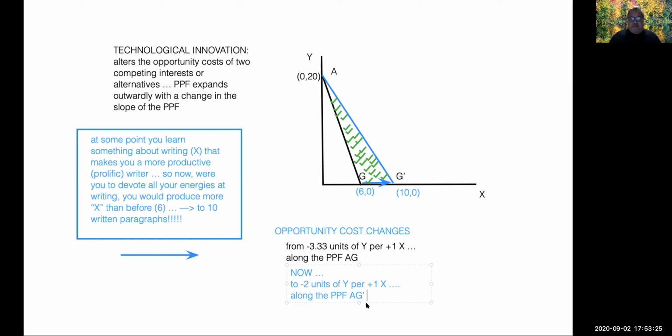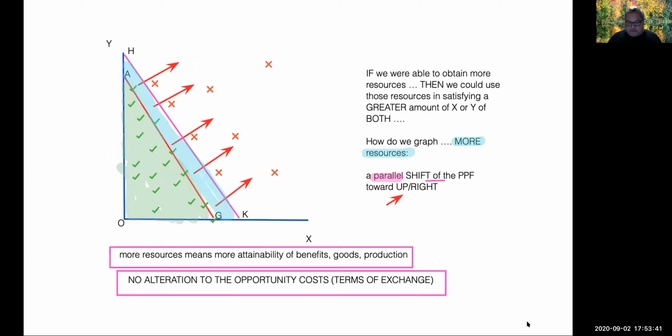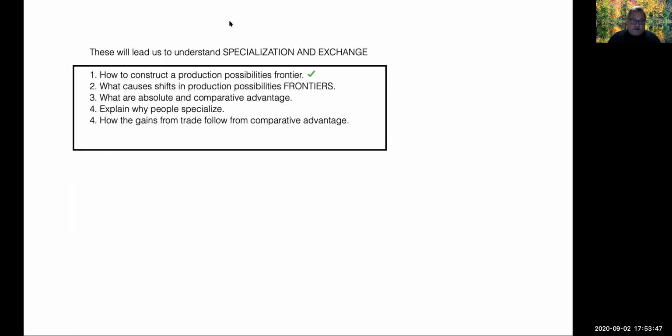And so notice how technological innovation, or changes in the opportunity costs, affect the slope of the production possibilities frontier, whereas an expansion of the resource base creates a shift of the production possibilities frontier.